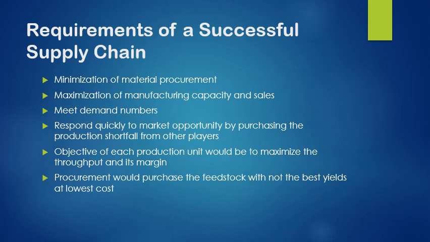So the main requirements for successful supply chain management are listed over here. The first thing is minimum material procurement, maximization of manufacturing capacity and sale. Third is to meet the demand numbers. The fourth one is responding quickly to market opportunities by purchasing production shortfalls from other players.